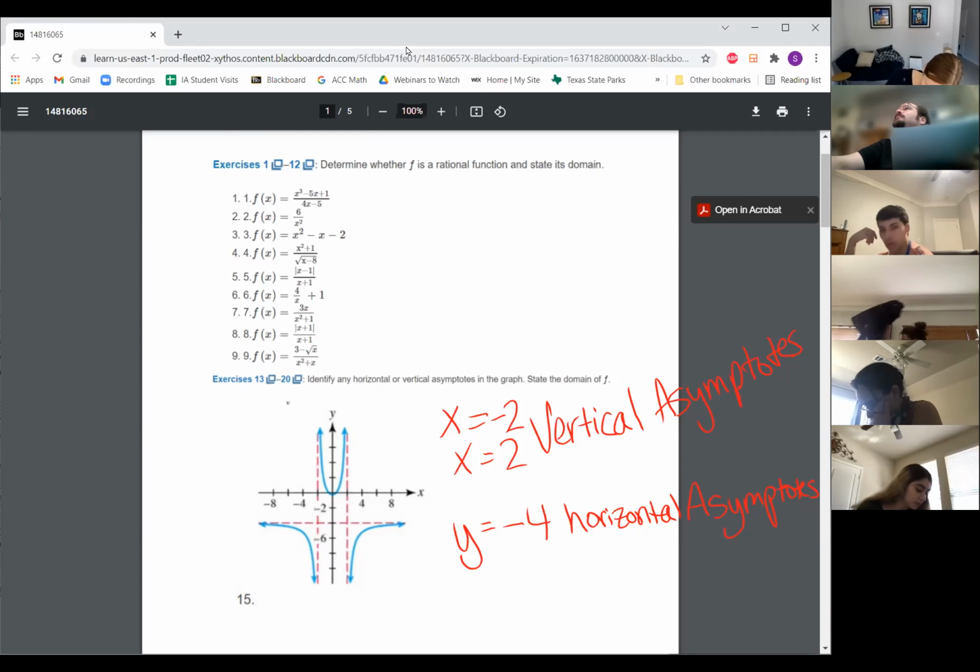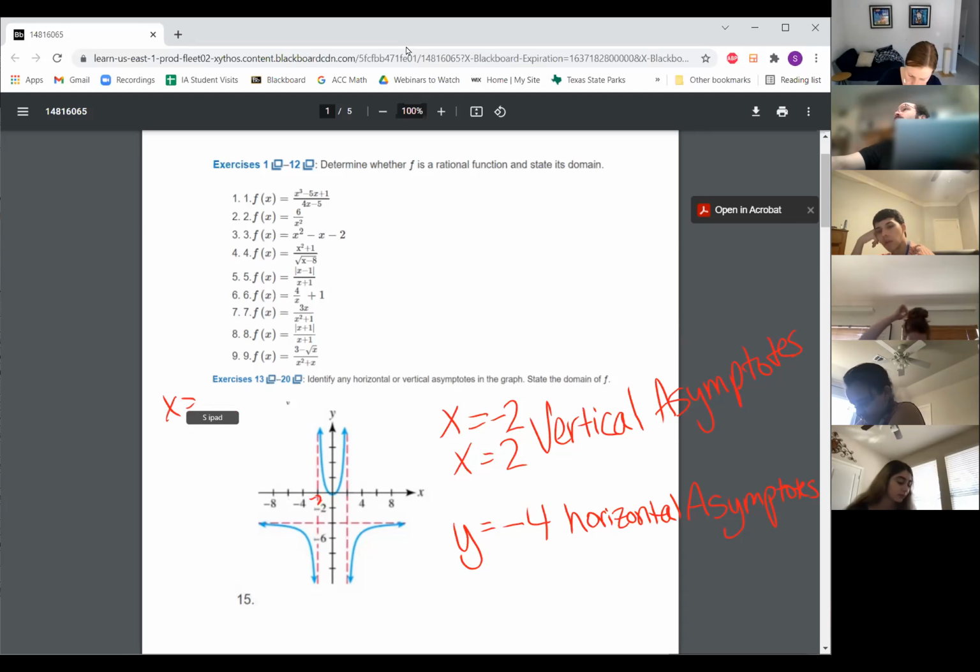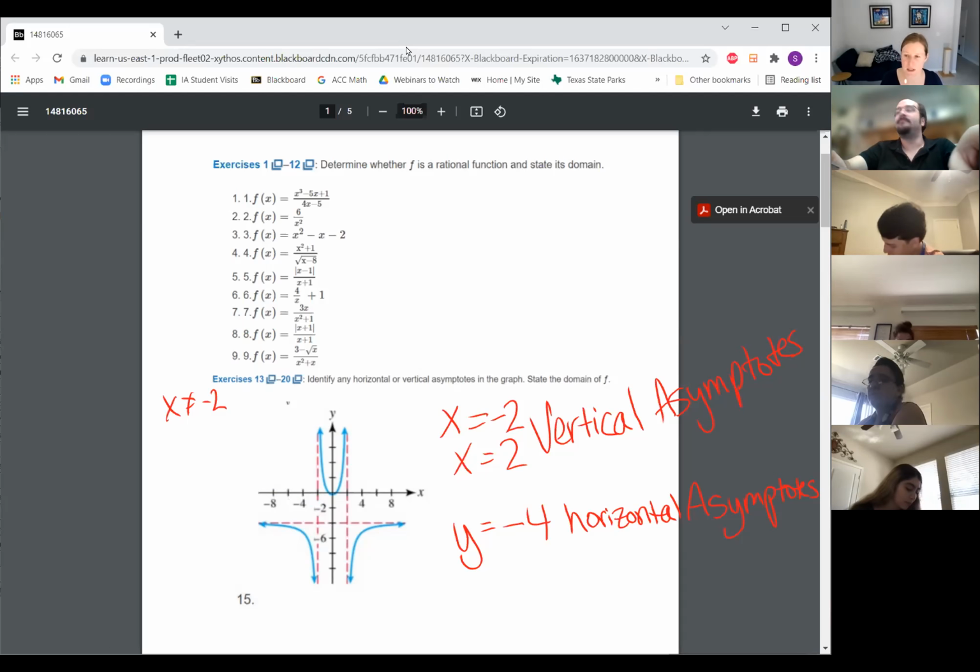So let's go along our X, this direction. Anything that we cannot have for an X and we can't cross would be -3. I think it's still -2, right? This spot is still -2. So X cannot be -2. And what else can X not be? What's the other place X cannot be?